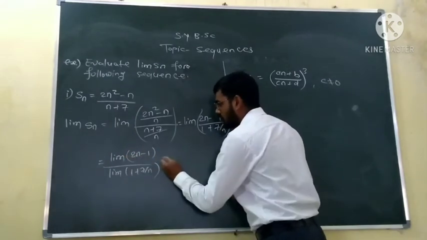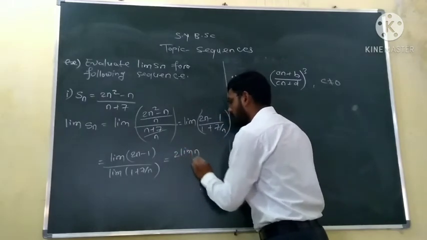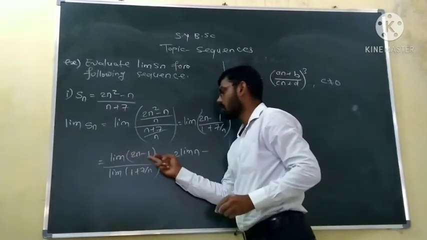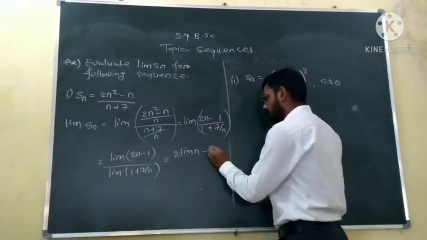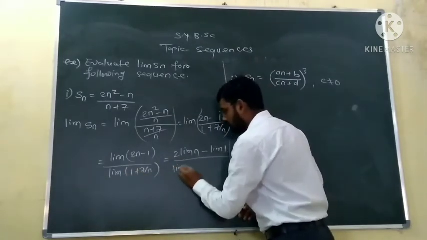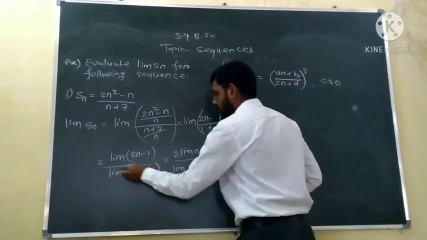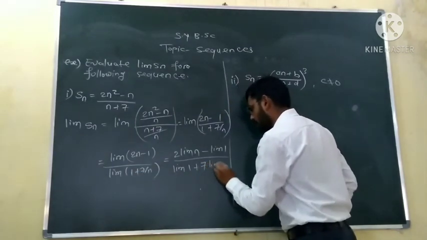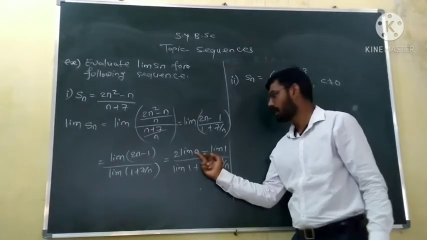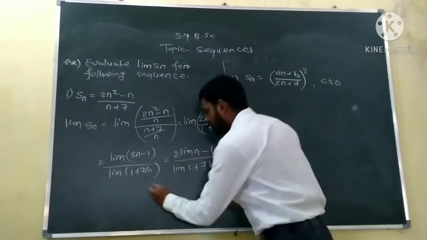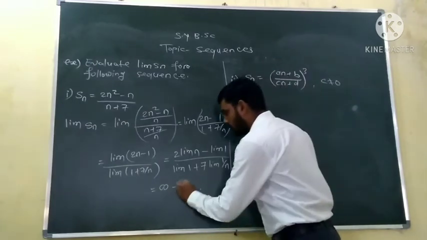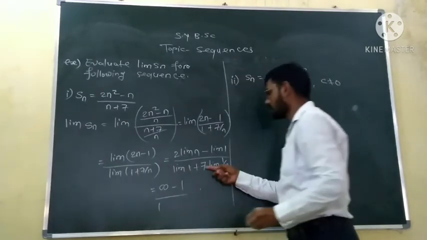We take the constants outside, so 2 into the limit of n as n tends to infinity, minus the limit of the constant 1, upon the limit of 1 plus 7 into the limit of 1 by n.